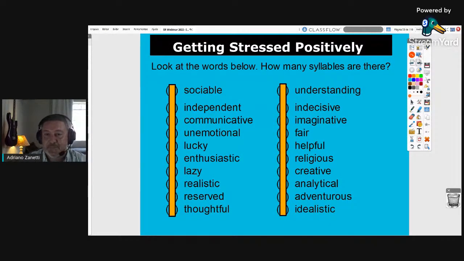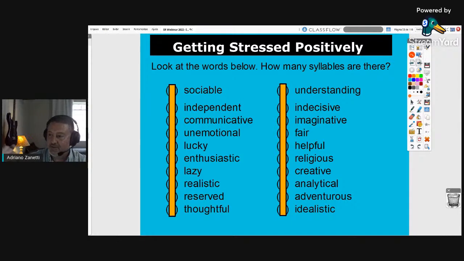As I said, Portuguese is a syllabic language, and people tend to use Portuguese to count syllables. And very often I find students in the classroom asking, how many syllables does sociable have? It's difficult to count syllables in English because there are lots of consonant clusters.